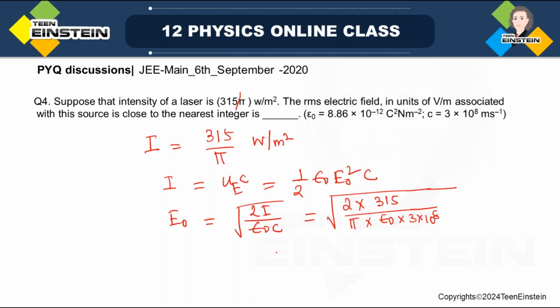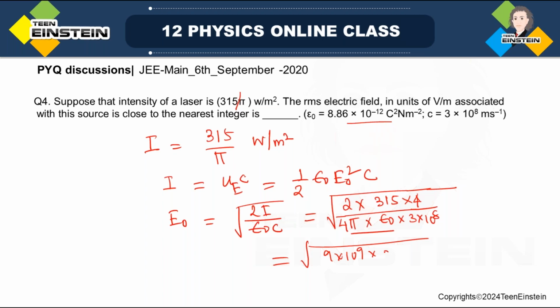If I multiply 4 in the numerator and denominator, I can put this value instead of writing all these values here. So 9 into 10 to the power 9 I can write.